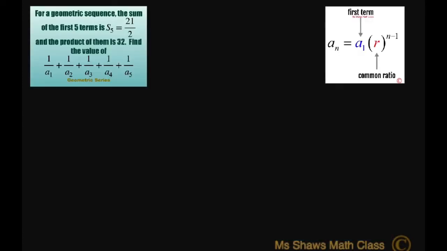We're going to let A and R be the first term and the common ratio, respectively, of the sequence. If we look at the first 5 terms, that would be A sub 1 plus A sub 2 plus A sub 3 plus A sub 4 plus A sub 5.